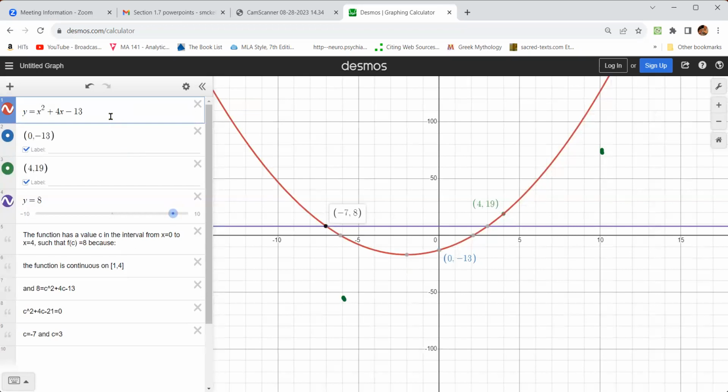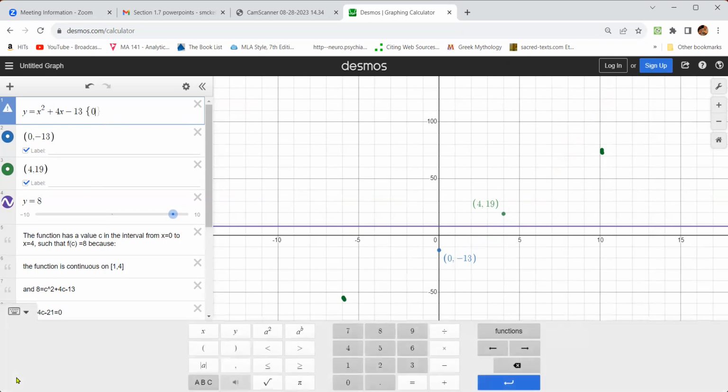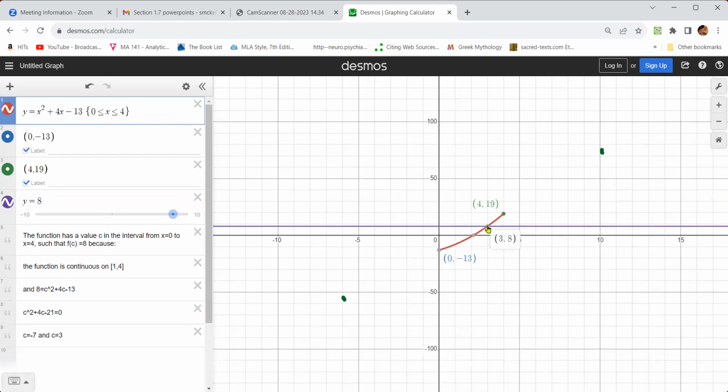Yes. But what they gave me was on the interval. Remember, it's a closed interval between 0 and 4, right? So here, this is 0 and 4. There's a point over here where it hits, but I don't care about that point because it's not in the interval that I want.